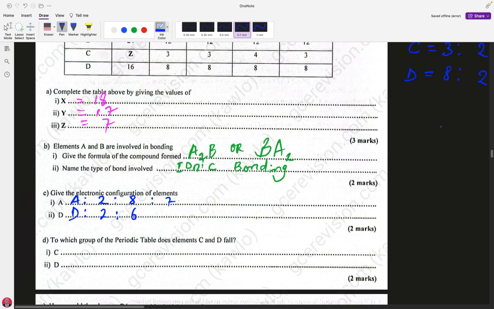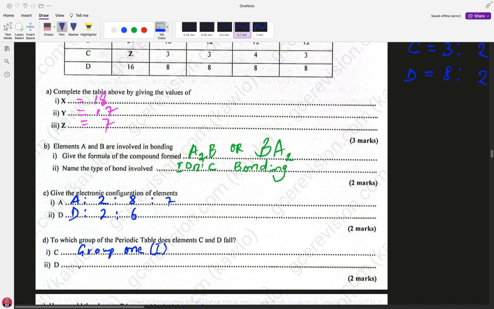So C falls in group 1. And D falls in what group? In group 16 or group 6. The modern periodic table calls it group 16, but some can still call it group 6.